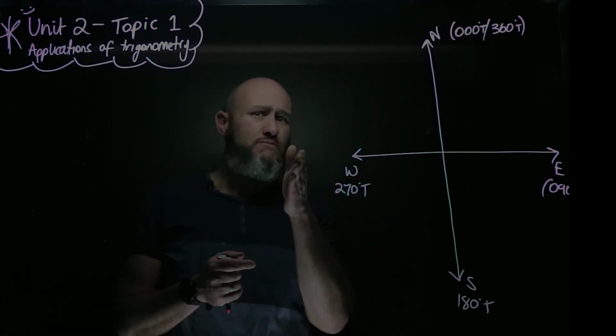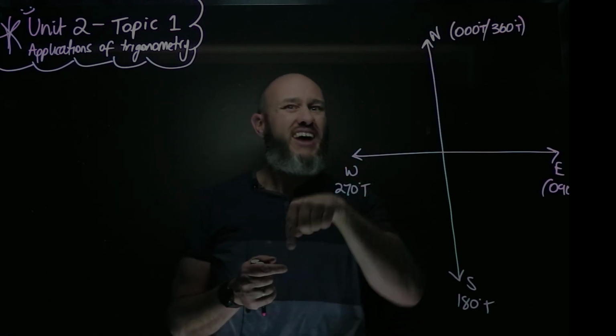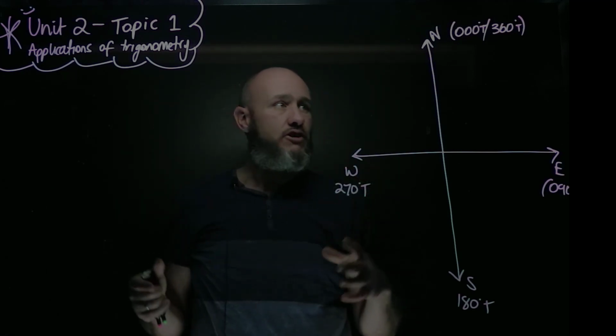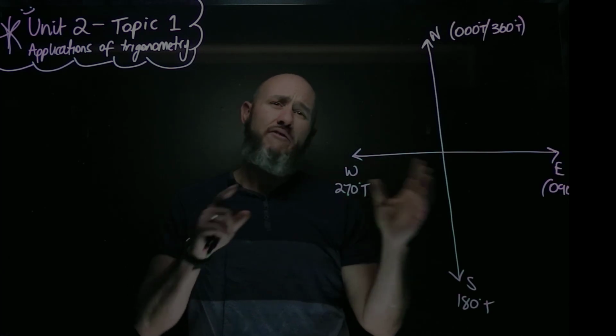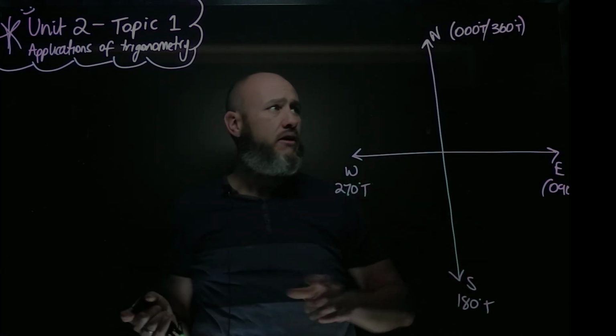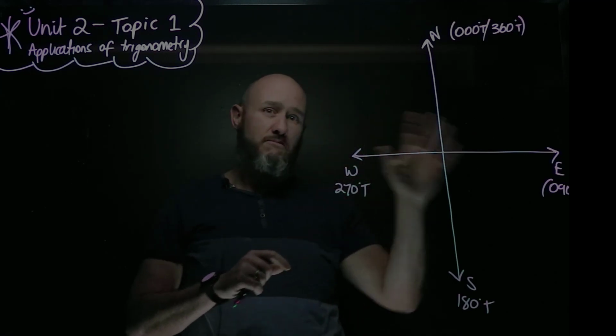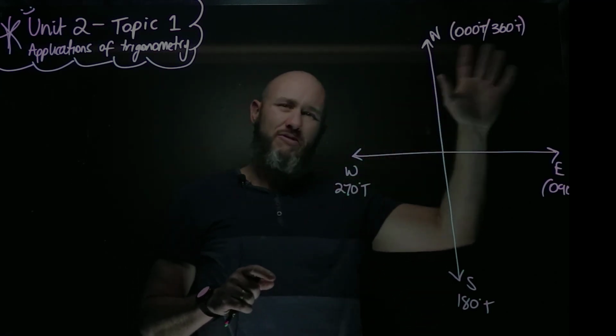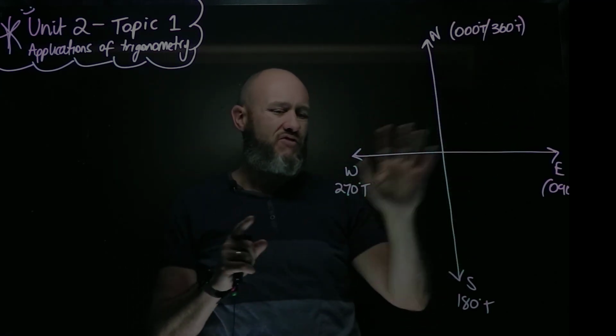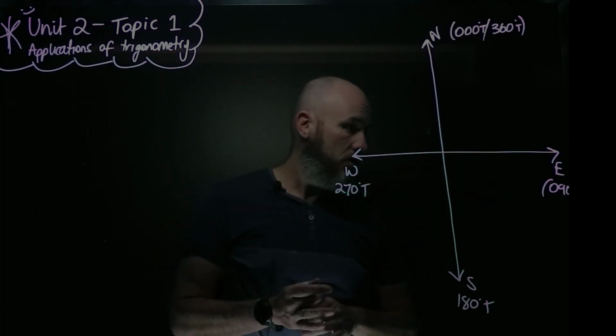The magnetic source is pretty close to the North Pole, but it's not at the North Pole. So that's our issue. It's really close, not at, so we have a magnetic bearing and a true bearing. And in maths, we're not going to use a compass. We're going to do the math behind it, so we're only really worried about true bearings. So you don't have to worry too much. If you see the T behind it, that's what it means.